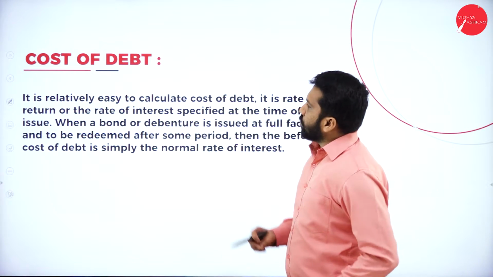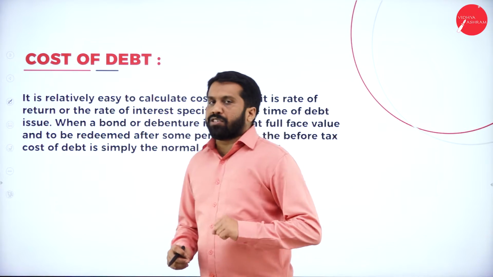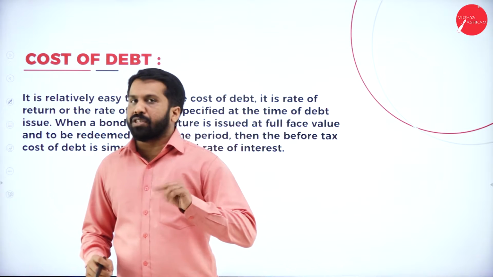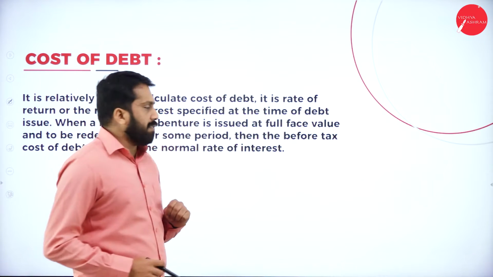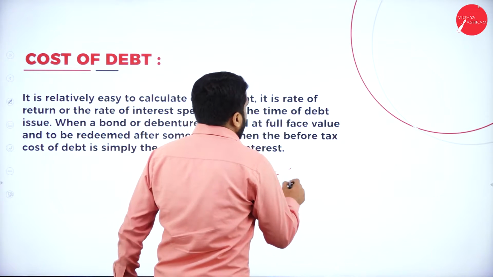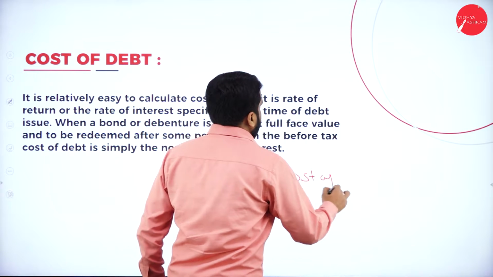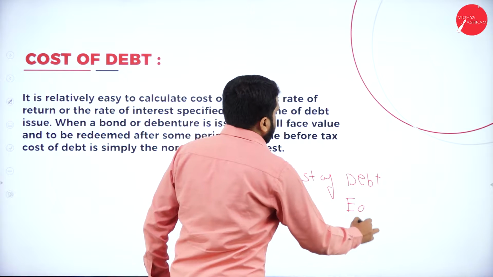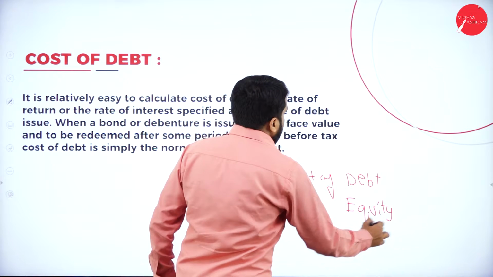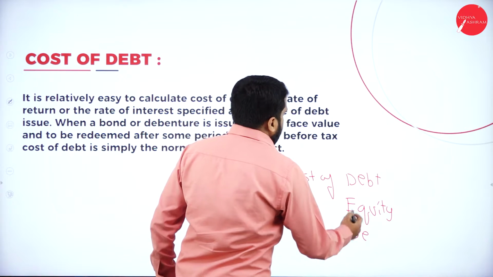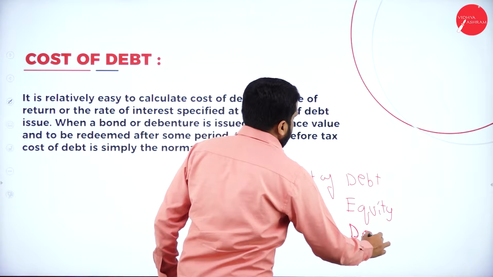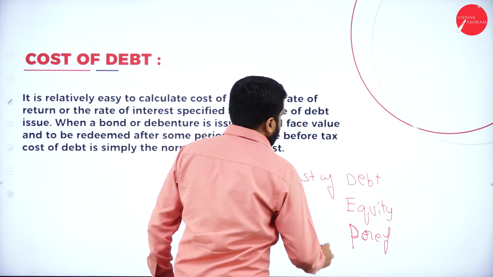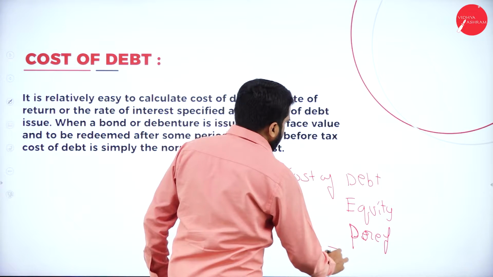Next, cost of debt. So in the cost of capital, you have four major topics. Which are those? The first thing will be cost of debt, the second one cost of equity, third one cost of preferences, and retained earning.